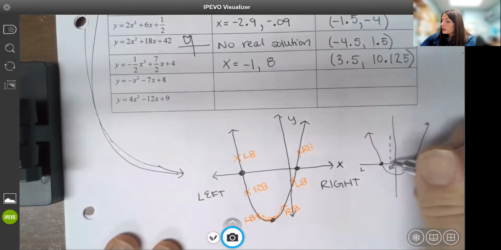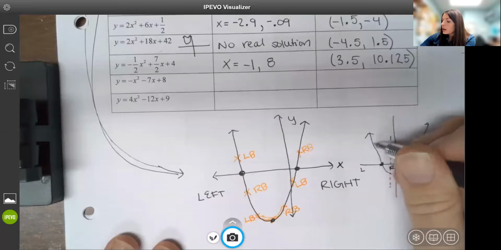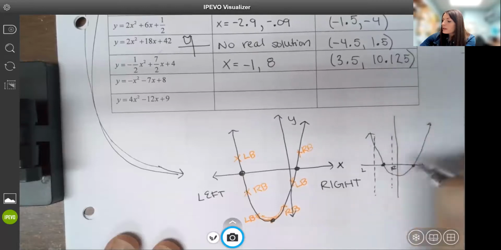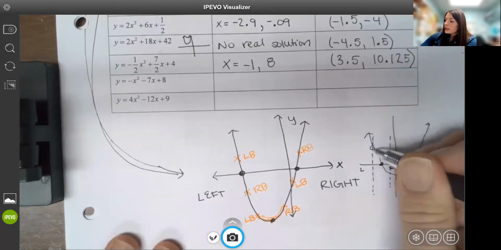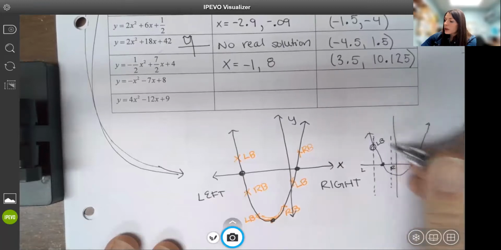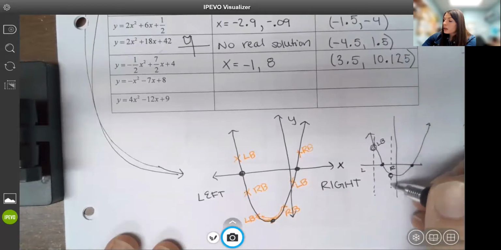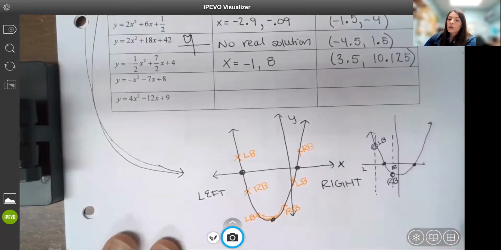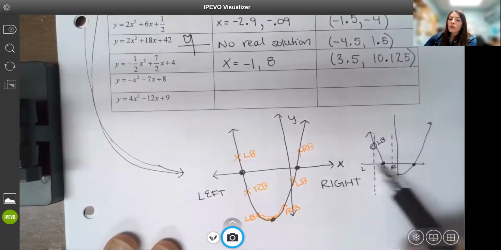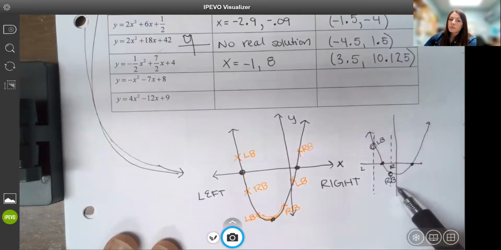If I go to the left of this point, that's to the left of that point, so I need to be above for left bound. Here's to the right on the x-axis of that point, which brings me to the right bound, which is below it. So if you think about that x-axis and left and right on that horizontal line, that can help you find the left and right for your boundaries.